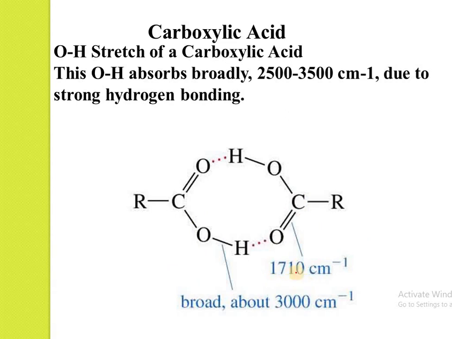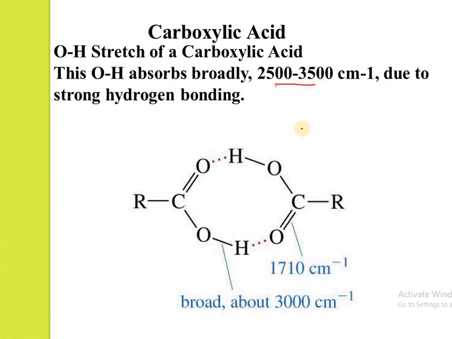We have already done this for C double bond O groups, and the OH stretch of the carboxylic group, due to the strong hydrogen bonding, is around 2500 to 3500 centimeter inverse. This is important to be noted down.